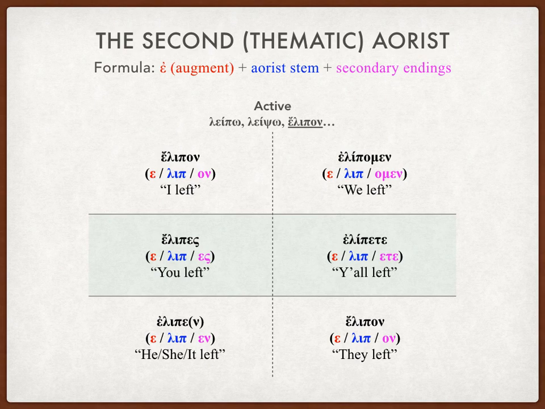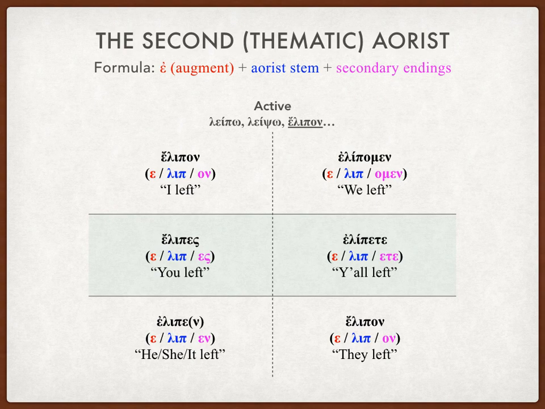Y'all left, start with my augment, epsilon, my aorist stem lip, and the secondary ending ete for y'all left, elipete. And then finally, this is the tricky part of the aorist in the second form, elipon, it's my augment epsilon, my aorist stem lip, and my ending on is also they left.